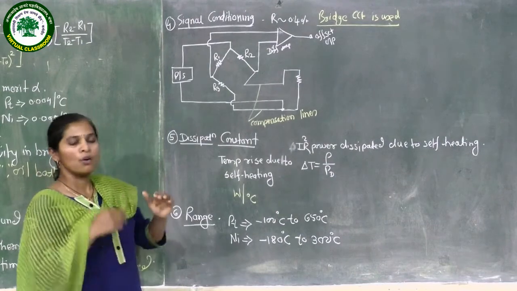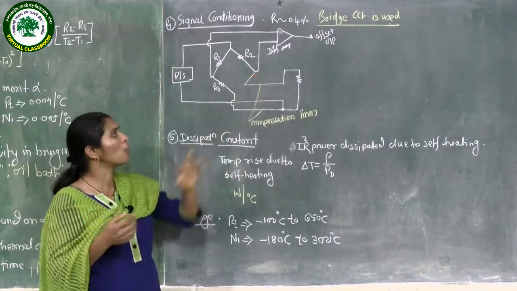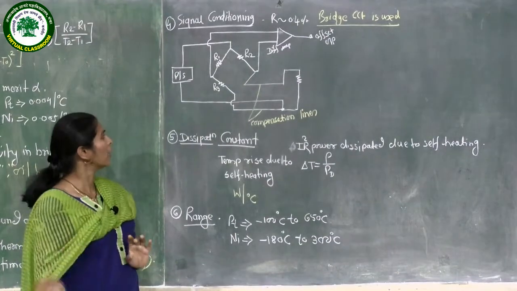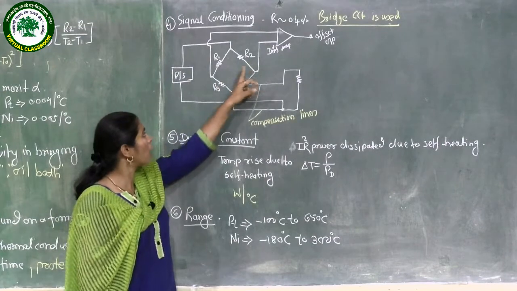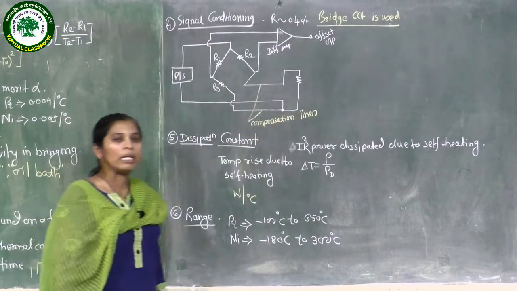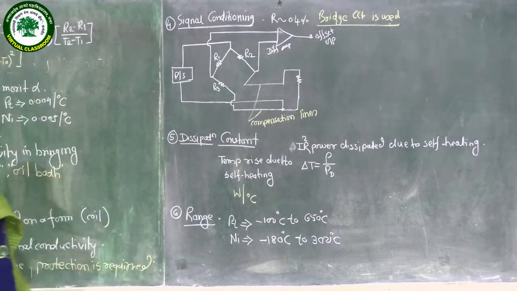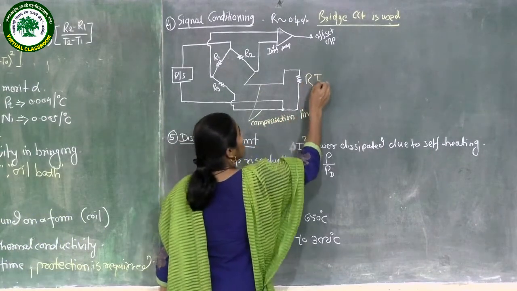So for that big variation, how can we measure it? With the help of a bridge circuit. Over here we have taken resistances R1, R2, R3 and R4, where R4 is the RTD, that is, resistance temperature detector.